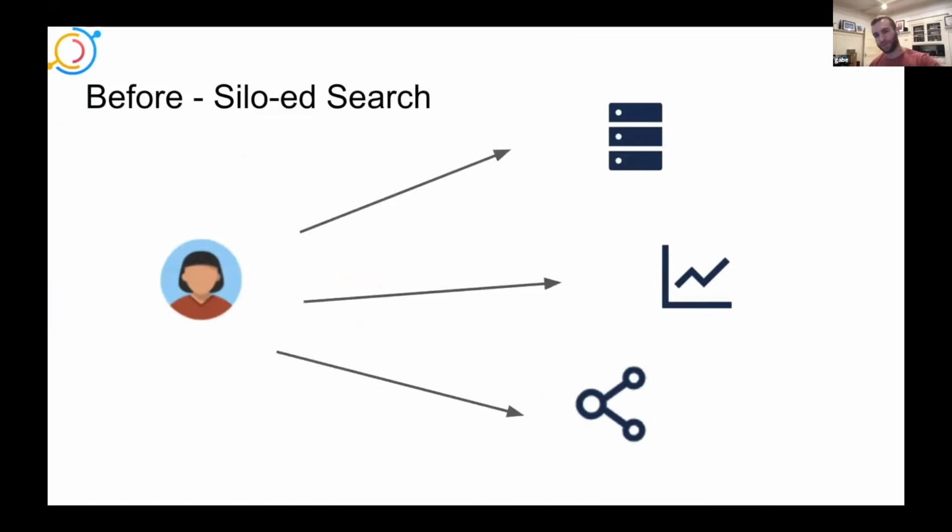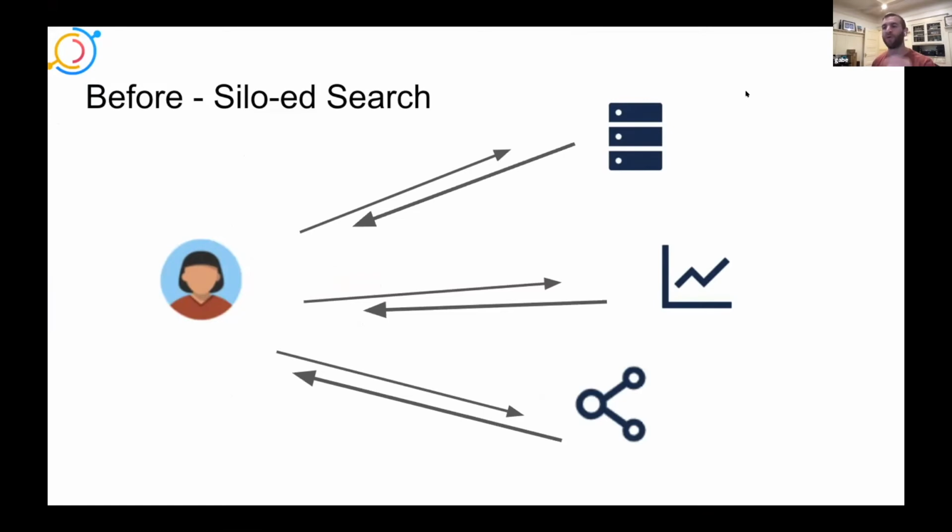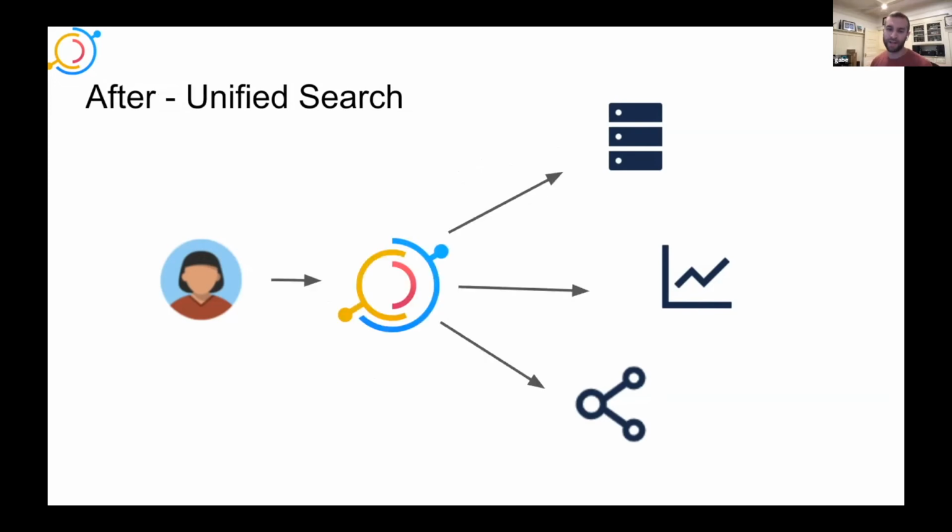So a user would issue a search, and we would search datasets, charts, flows, etc. Those entity types would then give their own distinct responses: the filters for datasets, the filters for charts, and the filters for pipelines. What we've done here is put a layer in between that will aggregate the results together, rank them amongst each other, and then bring combined search results and combined search filters back to the user.